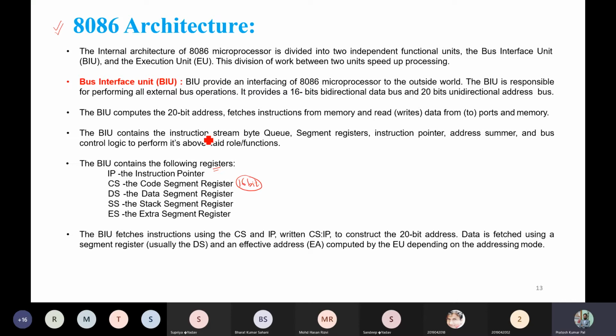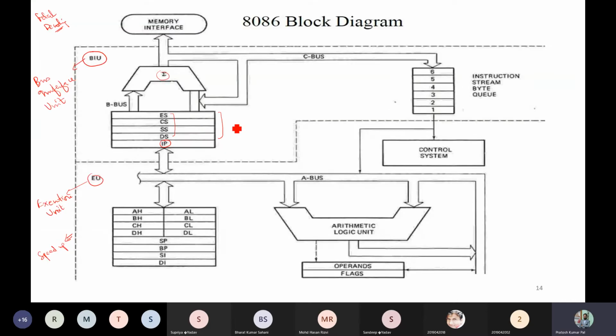These are segment registers. We will see the segment registers later, and we will be seeing each operation of each of those segment registers.